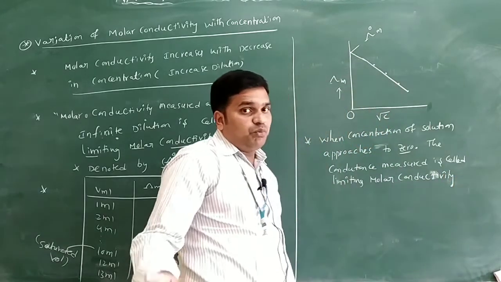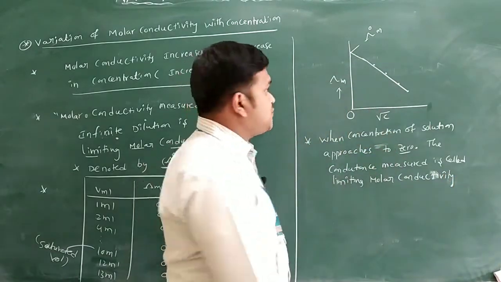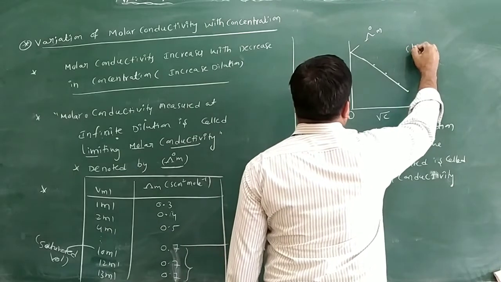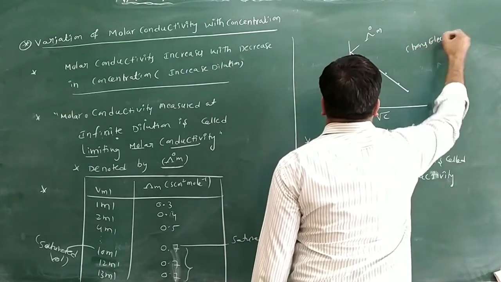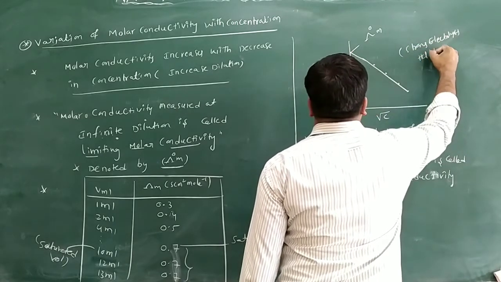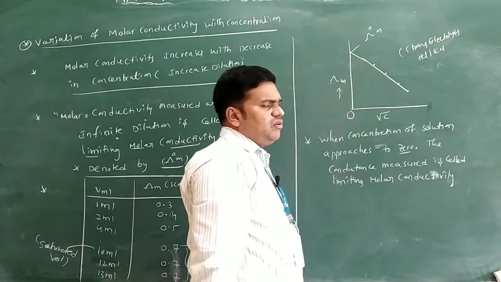This is very important. The graph is important for us. This is for the strong electrolyte only. For the strong electrolyte you can take HCl or KCl, any strong electrolyte.